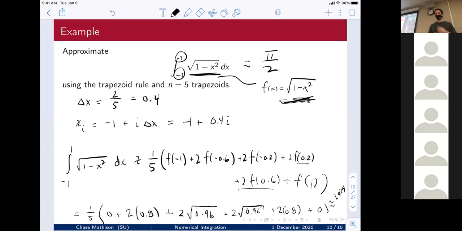I was going to use Simpson's rule next to approximate this. That's where we'll pick up on Thursday before we start reviewing for the final. But Simpson's rule, instead of using trapezoids, is going to use parabolas. It has a very similar formula, only instead of 1, 2, 2, 2, 2, 2, 2, 2, 1 for all those coefficients, we get 1, 4, 2, 4, 2, 4, 2, 4, 1, and so on.